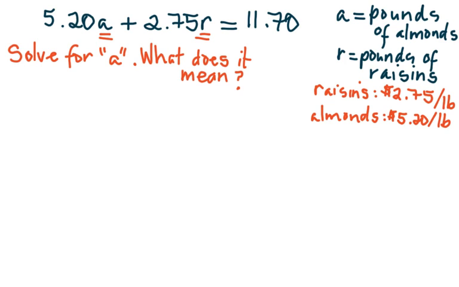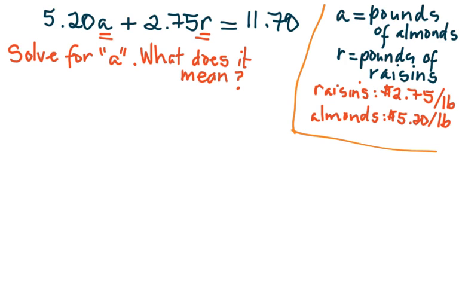So what I did here on the slide was I wrote down everything that you were given in the problem. You were told that A was pounds of almonds. You were told that R represented pounds of raisins. You were also told that the raisins were $2.75 a pound, and that almonds were $5.20 a pound.